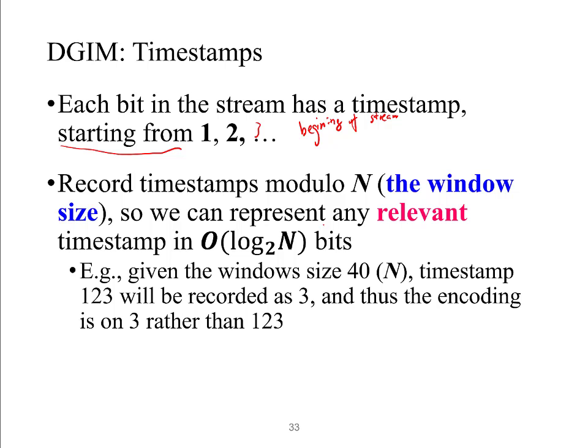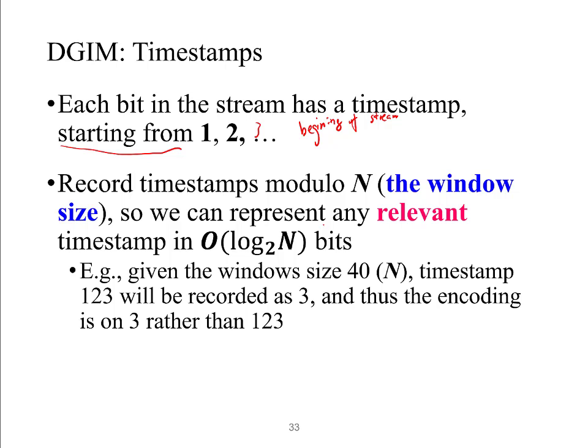Here the idea is that because we only care about the last n bits, for those old bits that do not belong to the last n bits, we don't care about their time steps anymore. So it is meaningless to store a large number, because the size of the data stream could be very large, but you don't need to store a large number for the new bits.